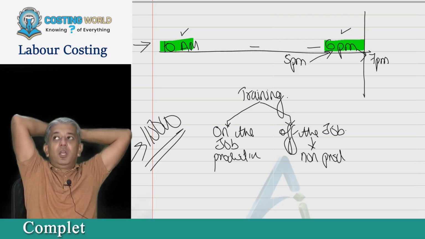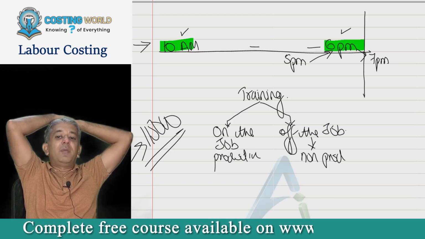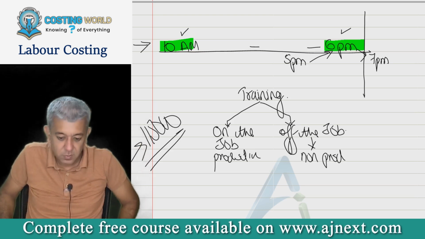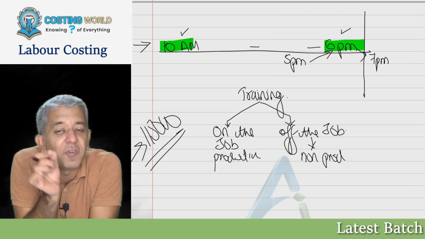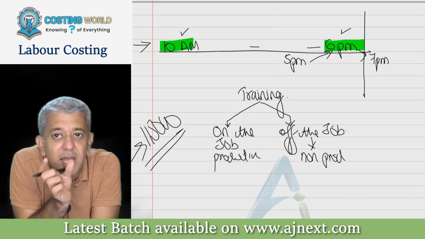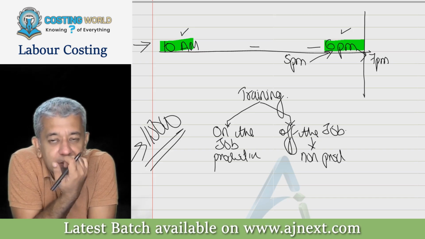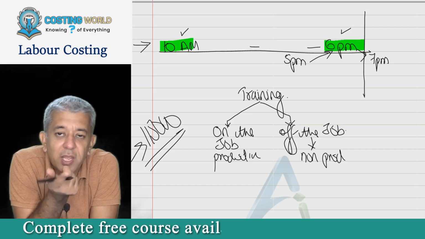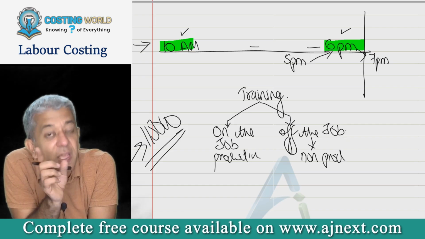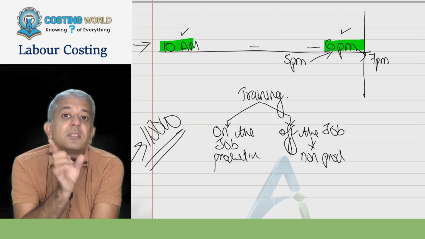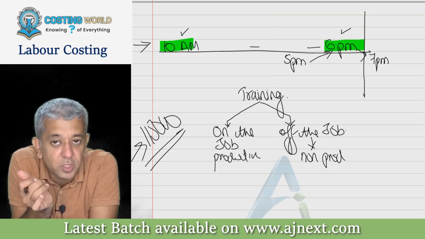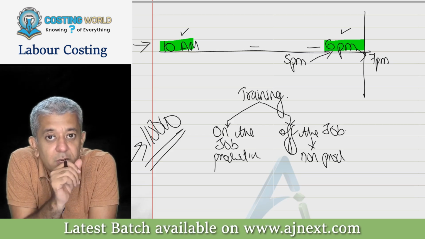If labor turnover had not happened, workers would have left at what time? 6 p.m. That 1 hour we would never get for production. Can you say that 1 hour is unproductive training hours? If you say that, then the answer will be 1 lakh, because then 15,000 hours you would not get for production even if labor turnover had not happened. Is that all okay?